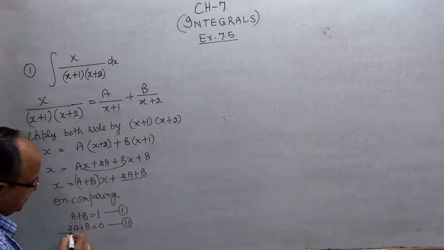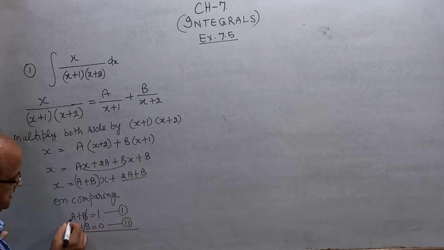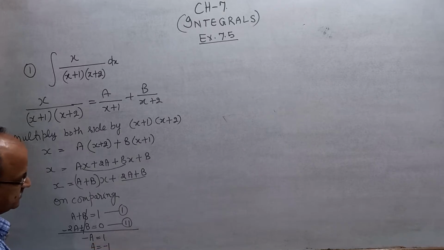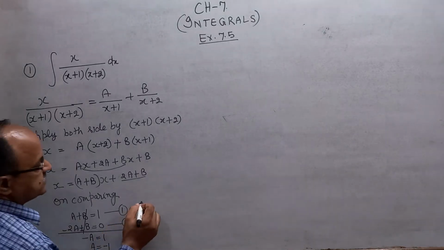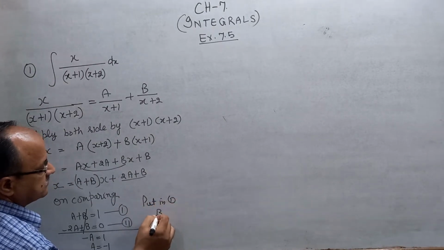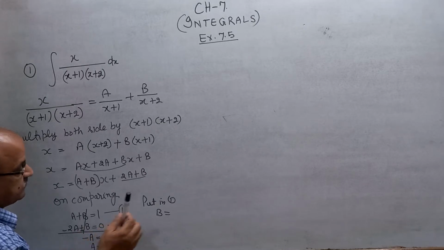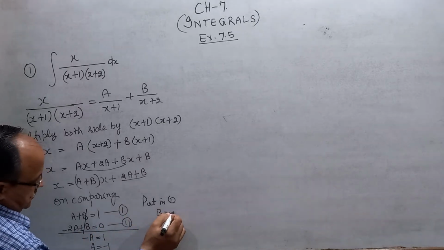With the help of both equations, can you find the value of a and b using the elimination method? Subtract, you know that this will cancel. a minus 2a minus a is equal to 1, so a is equal to minus 1. Put in the first equation, when you put minus 1 here and shift, that is 2, clear?